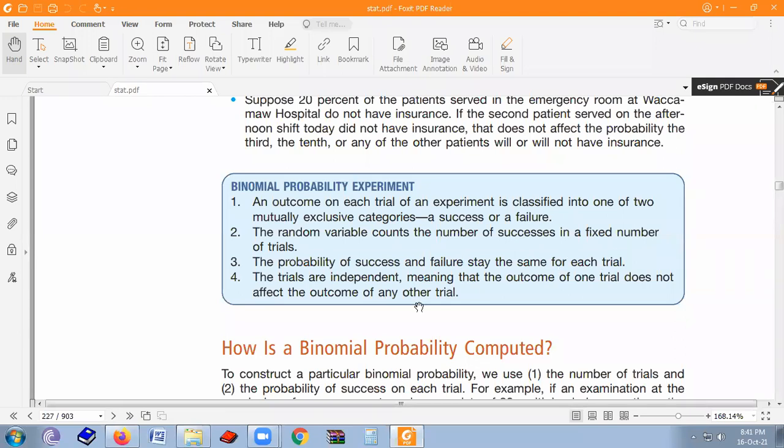Okay. And last one is that the trials are independent. That means the outcome of one trial does not affect the outcome of any other trial. Okay.